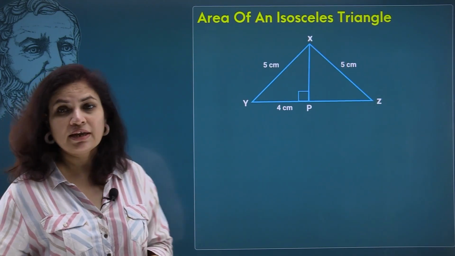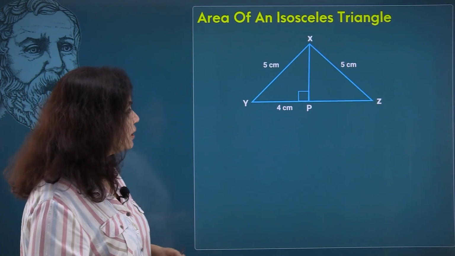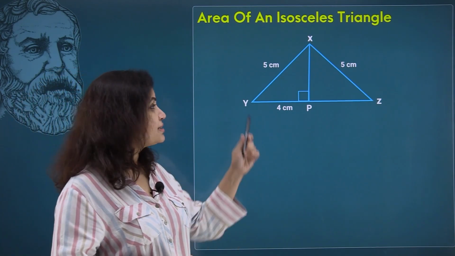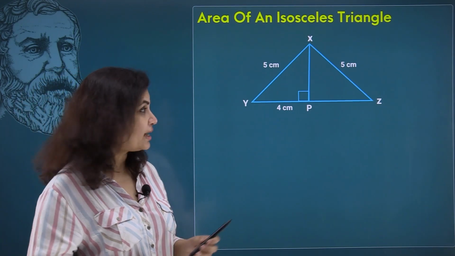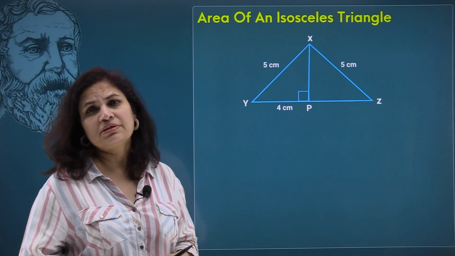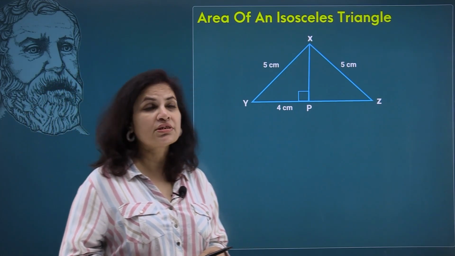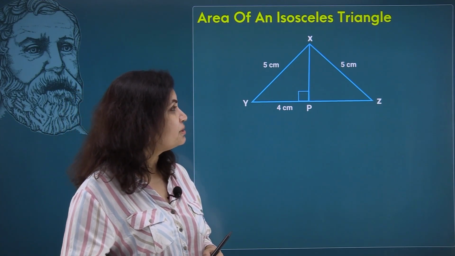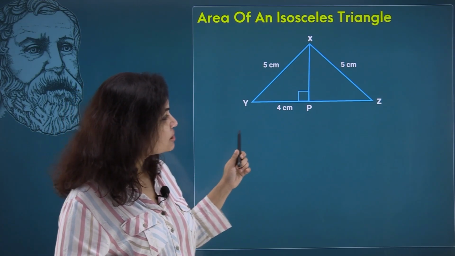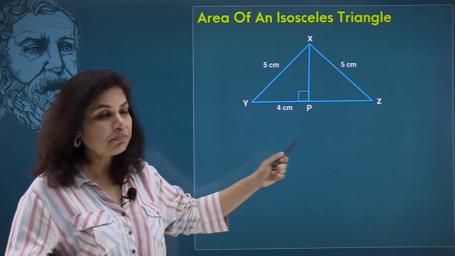Now, let us take an isosceles triangle. An isosceles triangle is characterized by two equal sides, and the angles opposite to the equal sides are also equal. Suppose we have an isosceles triangle where the two sides are given to be 5 centimeter each and the third side is 8 centimeter.